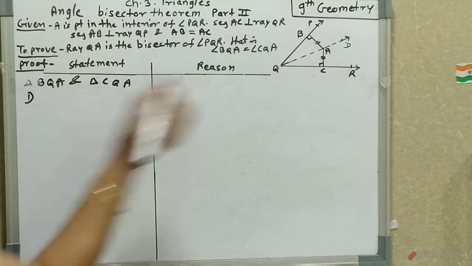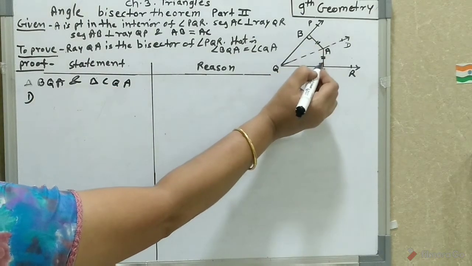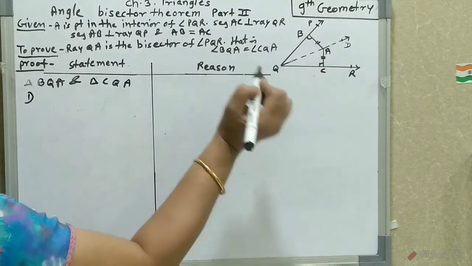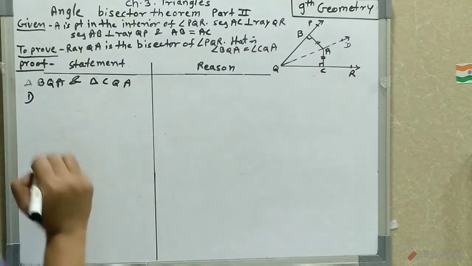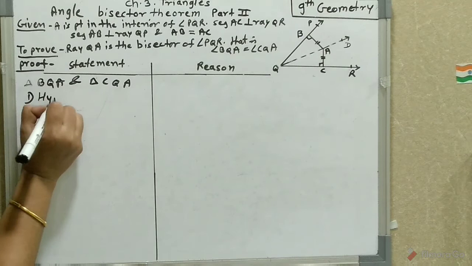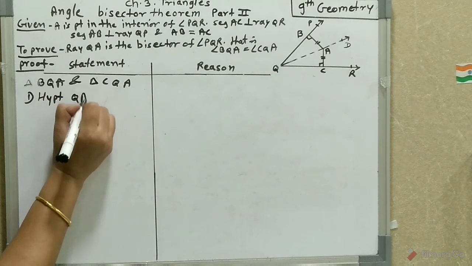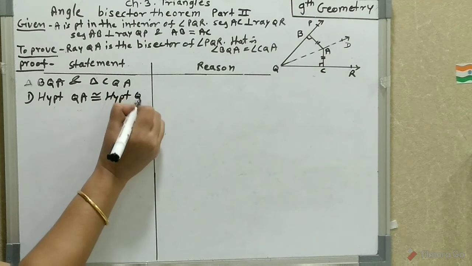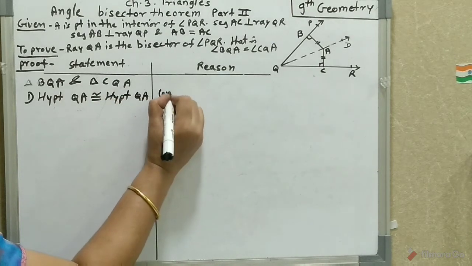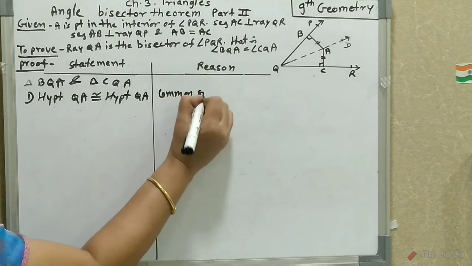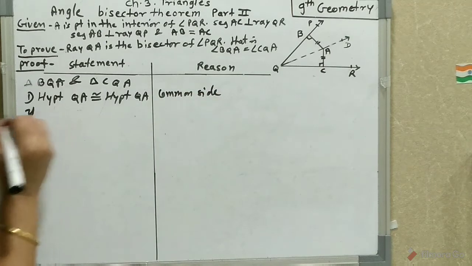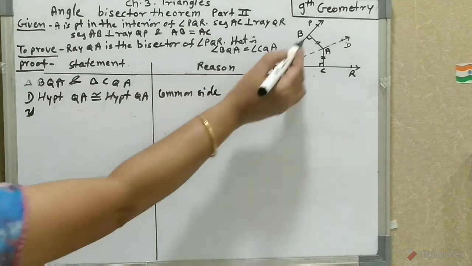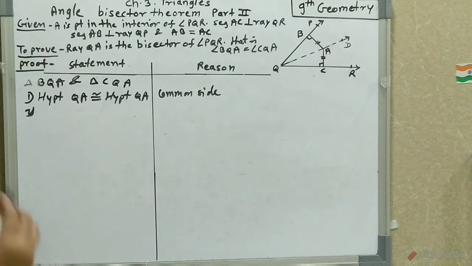First here is QA. This is 90 degrees and this is also 90 degrees. So this is the hypotenuse, opposite the 90 degree angle. So hypotenuse QA is congruent to hypotenuse QA, that is a common side. Now what is the second condition? Segment AB is congruent to segment AC, given.